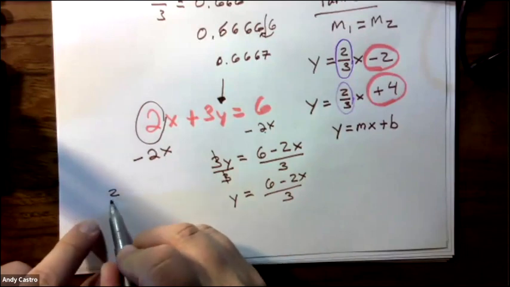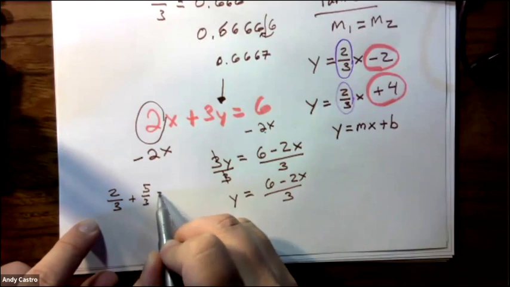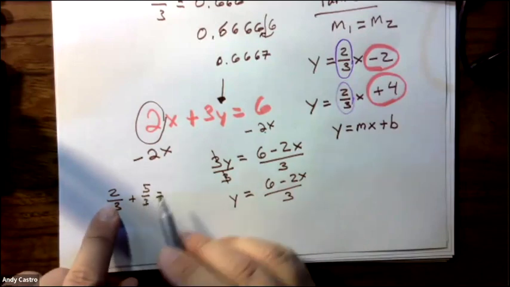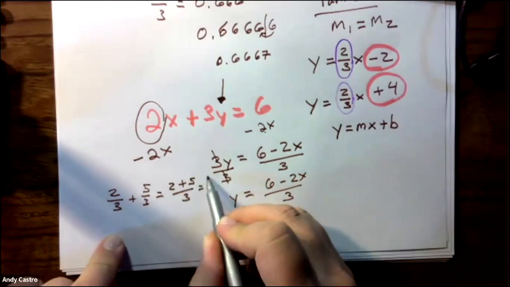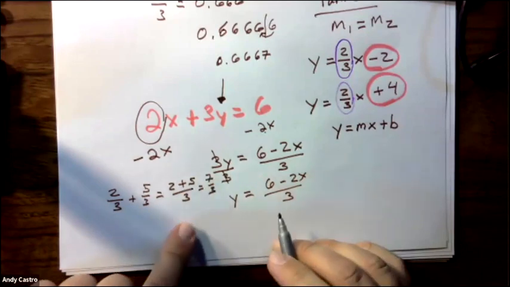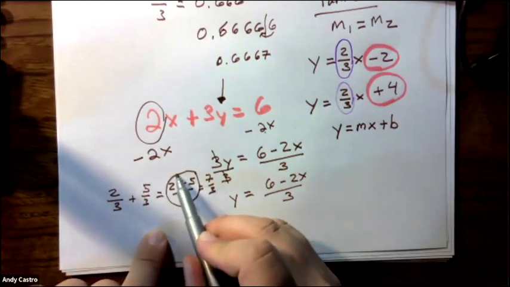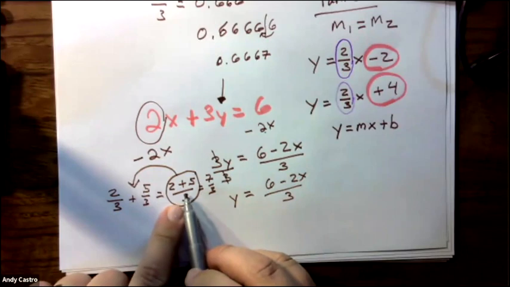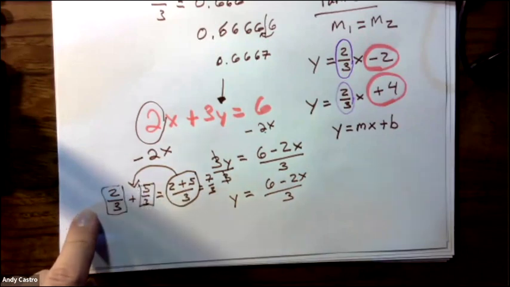So if I had 2 over 3 plus 5 over 3, I can add the numerators. 2 plus 5 over 3, or 7 over 3, because they have a common denominator. So this 2 plus 5 over 3, I can split that back to 2 over 3 plus 5 over 3.